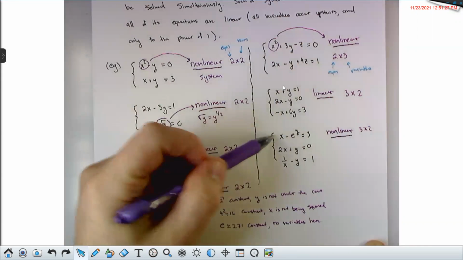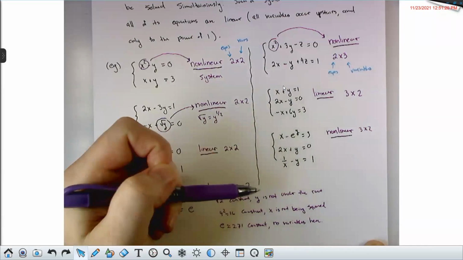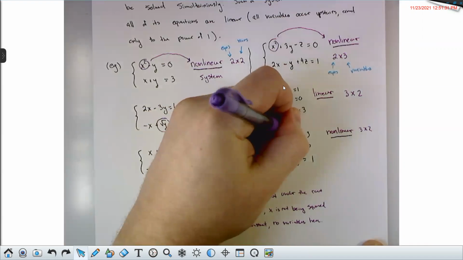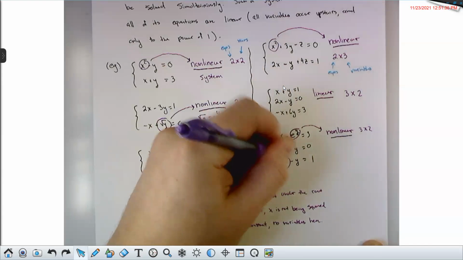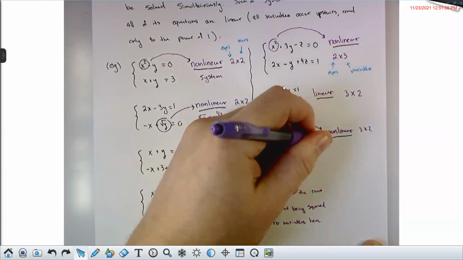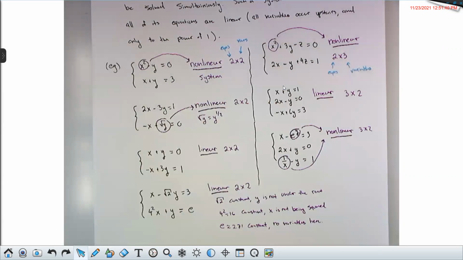Three by two because three equations, two variables. Nonlinear because of the e to the y and the 1 over x. Both of those would make this nonlinear.